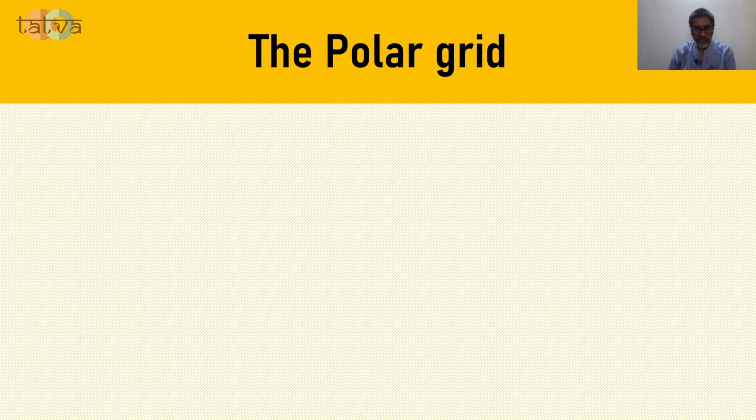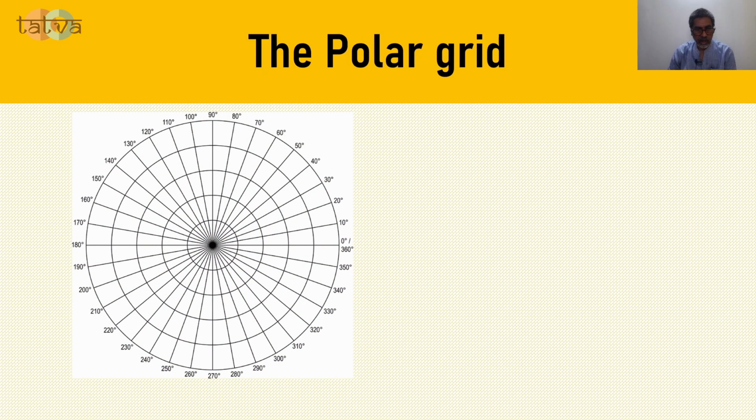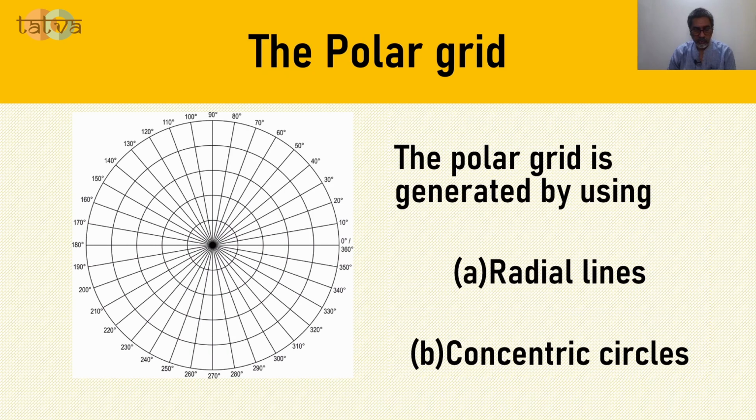Now, what is the difference between the way you divide a Cartesian region and a polar region? In the case of Cartesian, you will recall that we had used horizontal and vertical lines to create rectangular pieces. In the polar grid, we use radial lines and concentric circles.